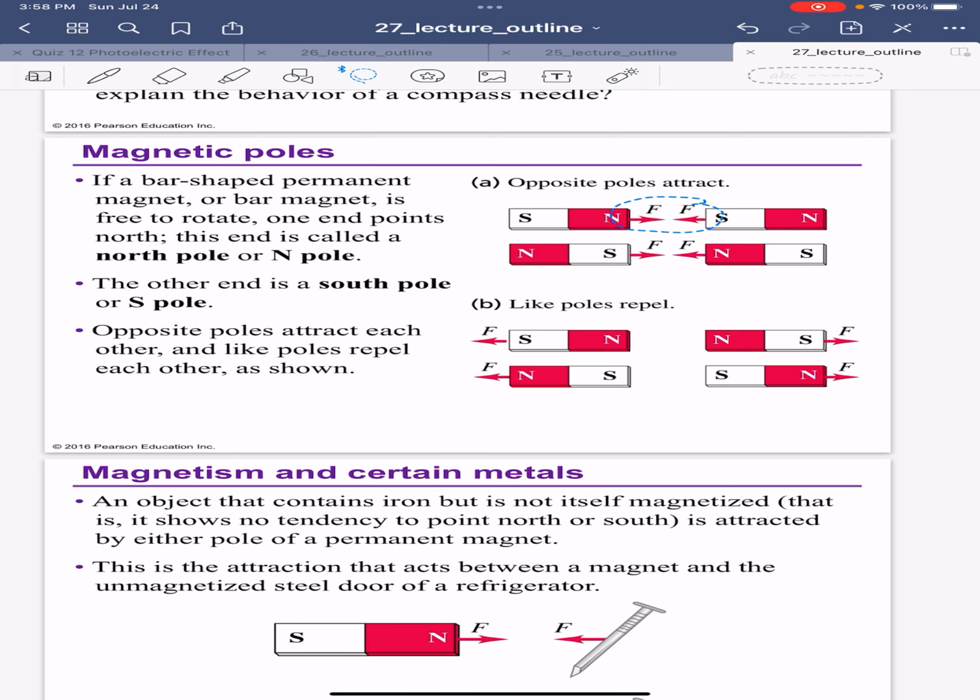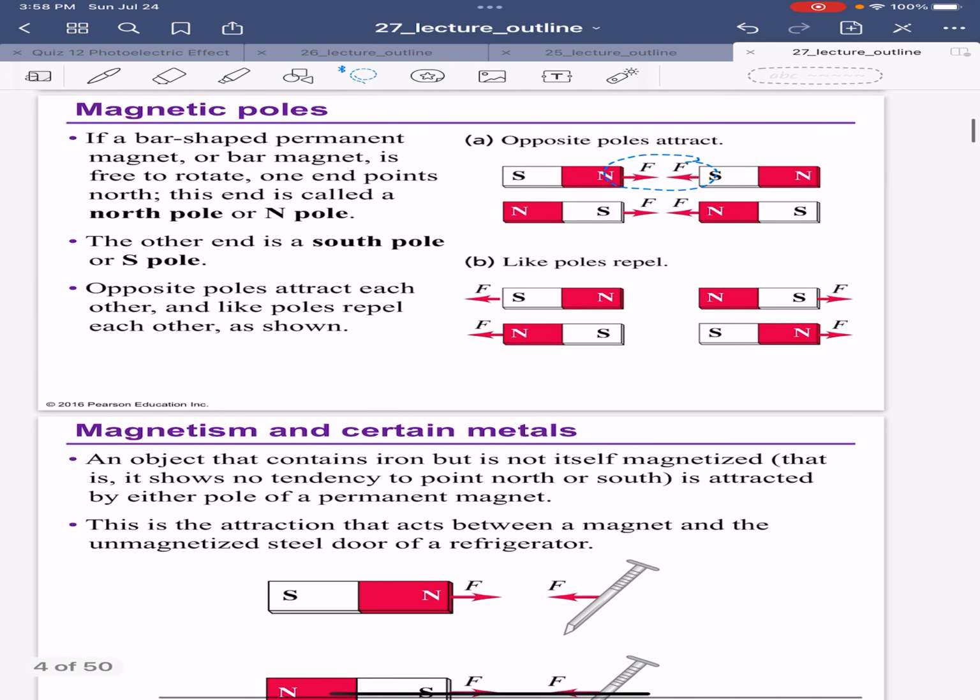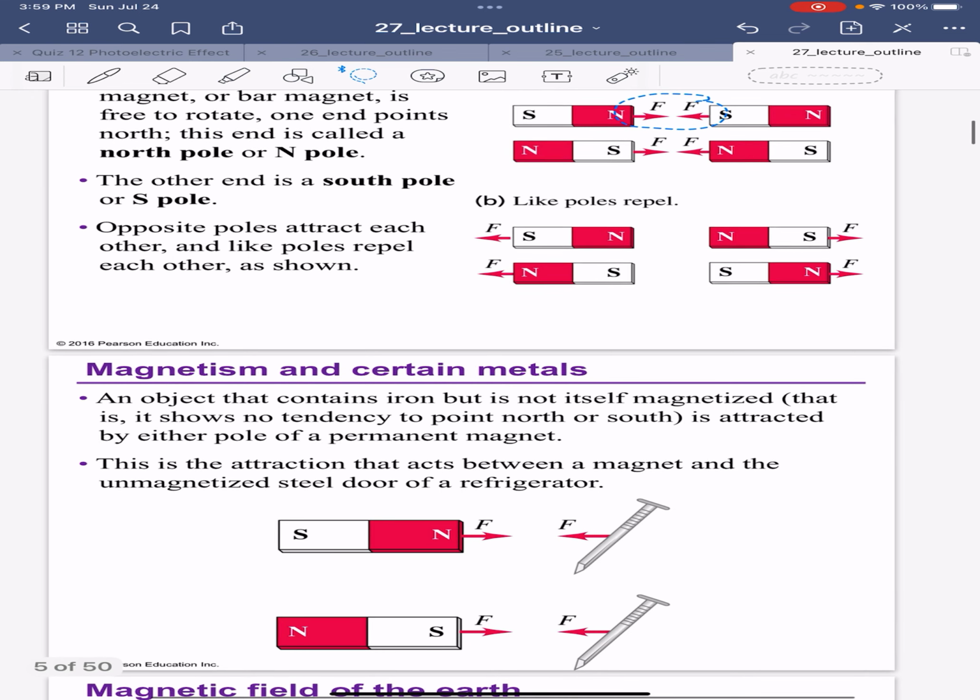The first thing I'm going to start with is magnetism and certain metals. An object that contains iron, but is not itself magnetized, shows no tendency to point north or south, and is attracted by either pole of a permanent magnet. Then if we have something that is not magnetized, it's not a magnet, it can be attracted by both poles.